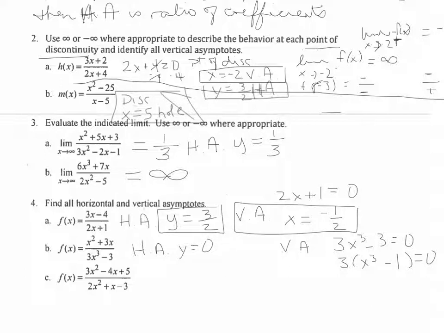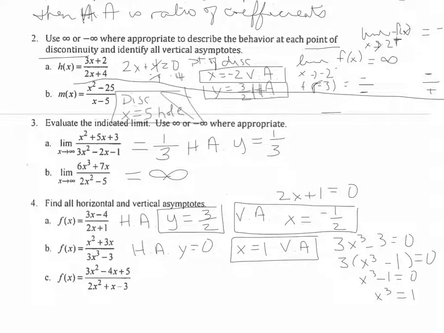The 3 doesn't impact anything, but if I set x cubed minus 1 equal to 0, what number could you cube and get positive 1? What would be the cubed root of 1? 1. I have a vertical asymptote at x equals 1.